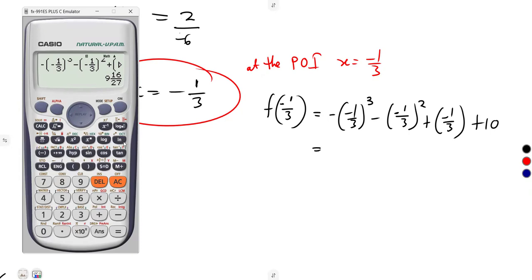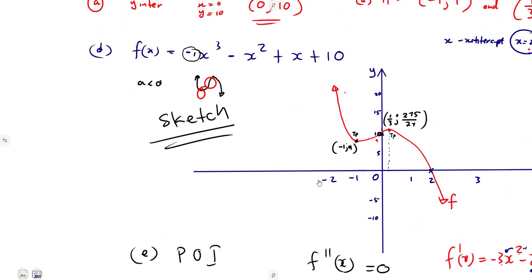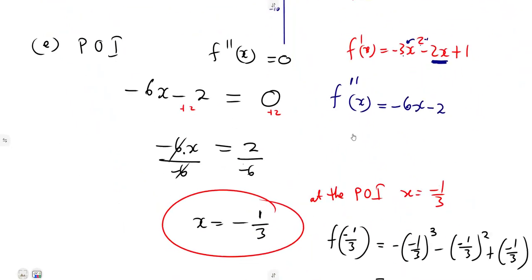So this is going to give us 9 and 16 over 27, all right? Let me check the question again. The question is determine the point. So we need the y value again.